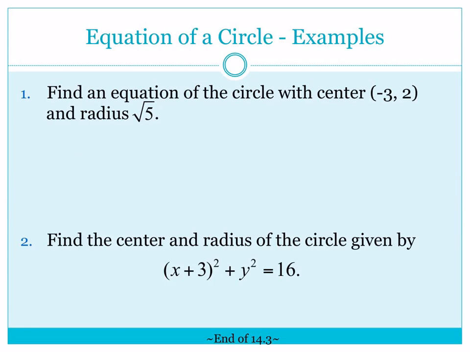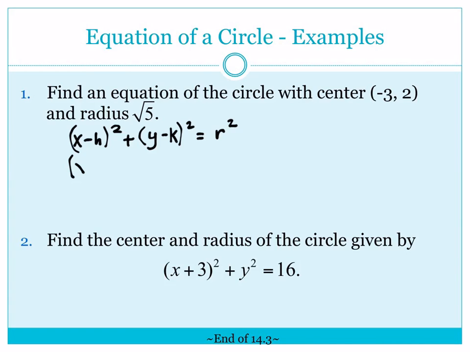So we're going to do a couple of examples. This one says to find the equation of a circle with the center -3, 2, and radius square root of 5. So we're going to use that basic formula that I just wrote down on the last slide. x minus h squared plus y minus k squared equals r squared. Its center is -3, 2.